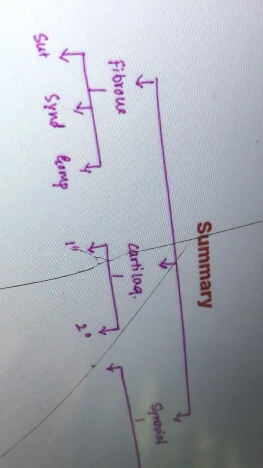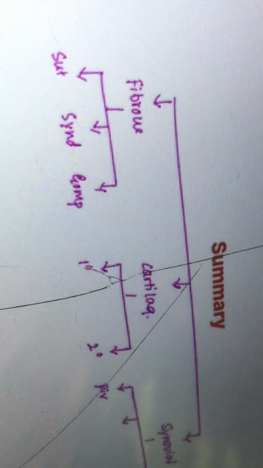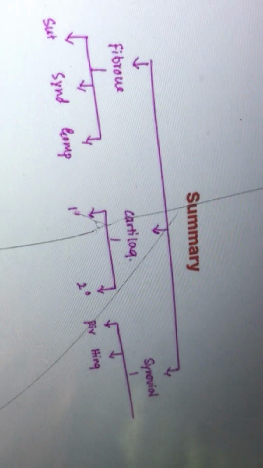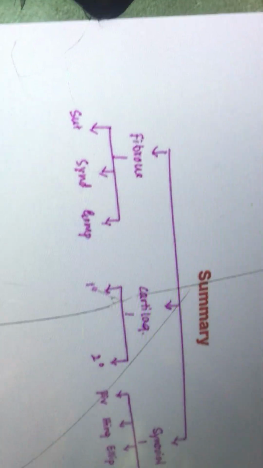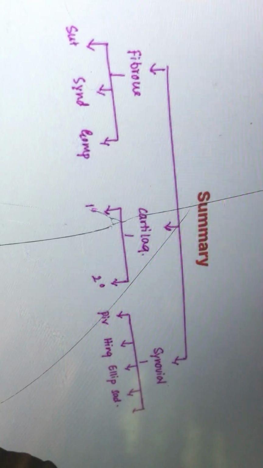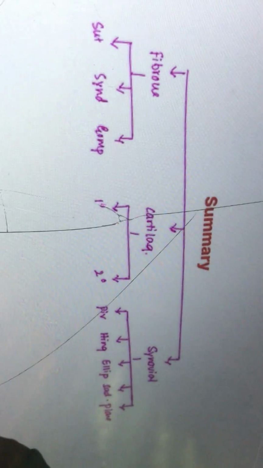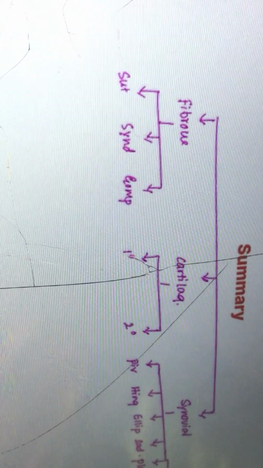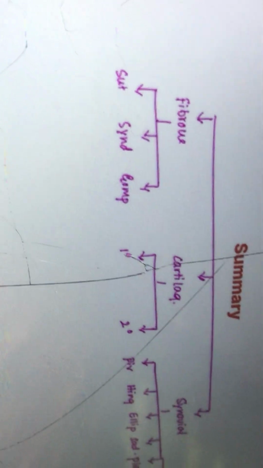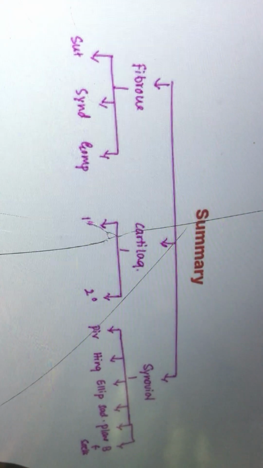What are they? We have the pivot joint, we have the hinge joint, then we have the ellipsoid joint, then we have the saddle joint, then we have the plain synovial joint, and then finally we have the ball and socket type. Examples for sutures: found in skull.